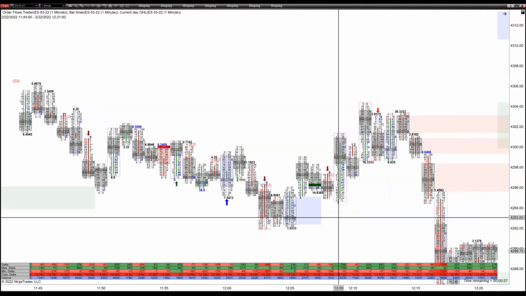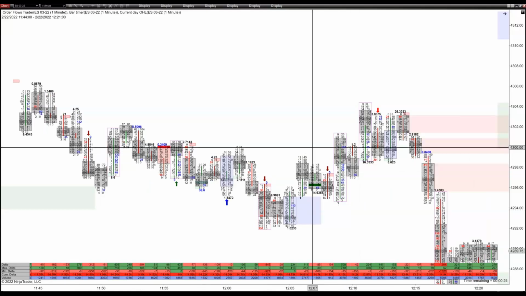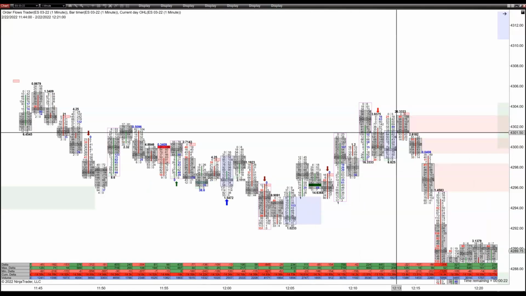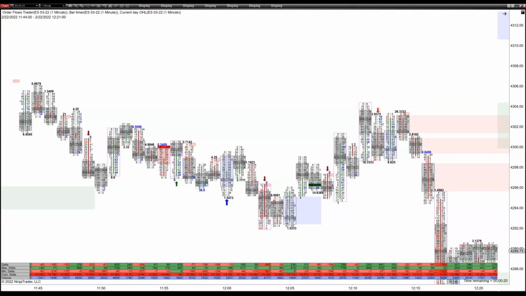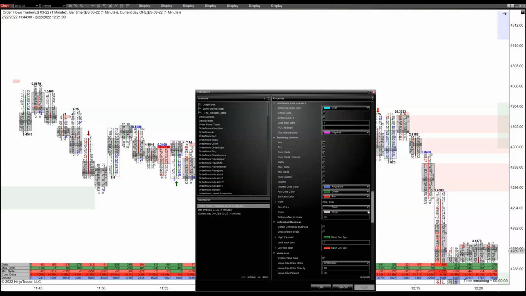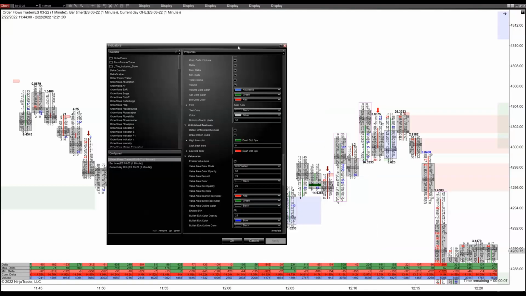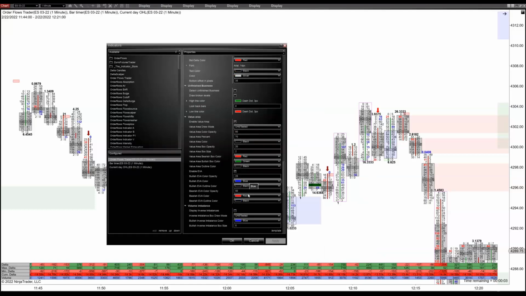Now, if it was a bearish EVA, it'd be a darker red, because the normal red, if you were to go in and change the colors in the settings, just pull that up here. So if you were to scroll down, put it up here. All right, the EVAs are blue and red.